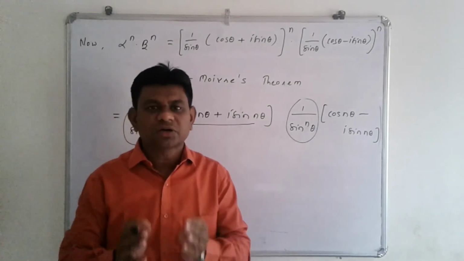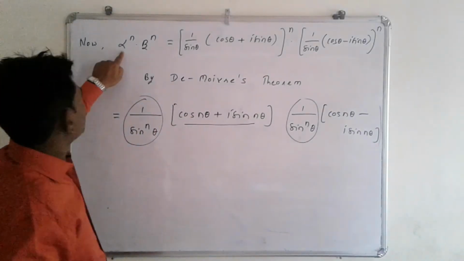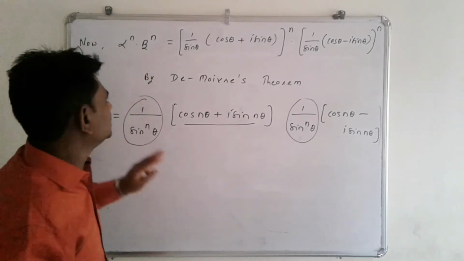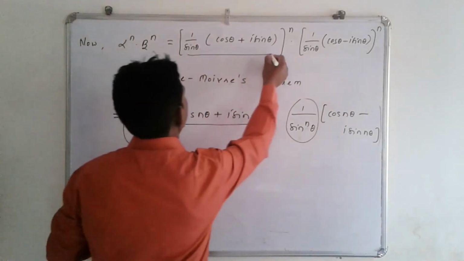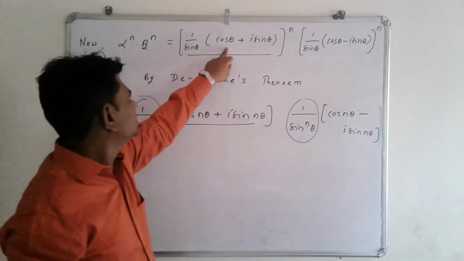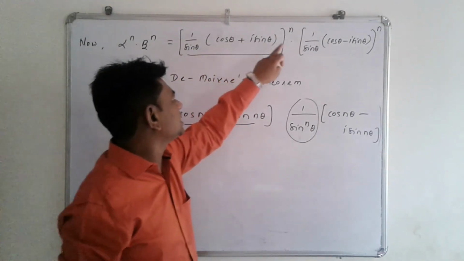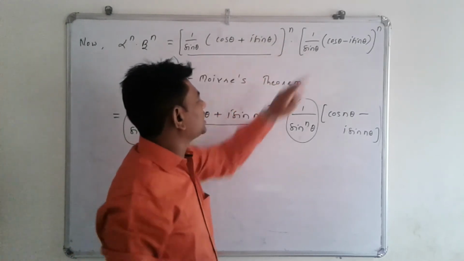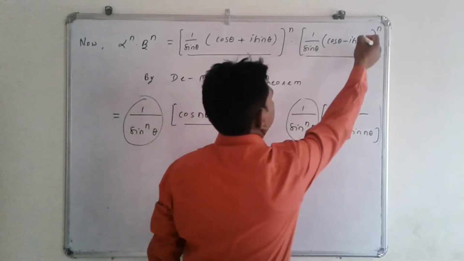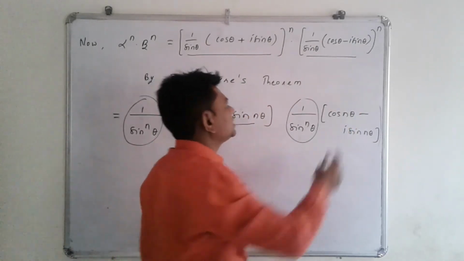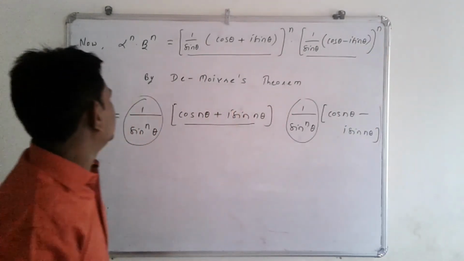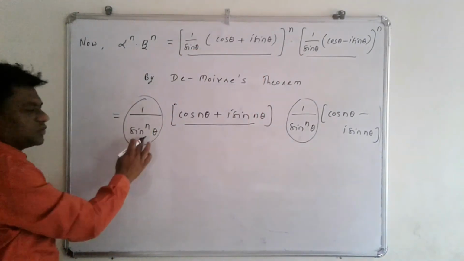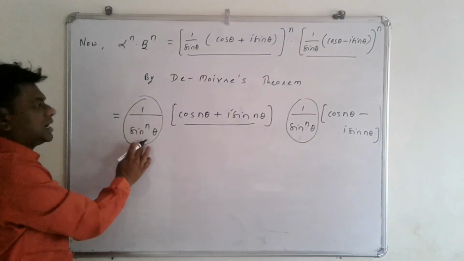Now the second part of this problem, alpha to the power n times beta to the power n. In this problem, alpha is equal to 1 upon sin theta times cos theta plus i sin theta, to the power n, times beta, which is 1 upon sin theta times cos theta minus i sin theta, to the power n. Now 1 upon sin theta to the power n, answer is 1 upon sin n theta.